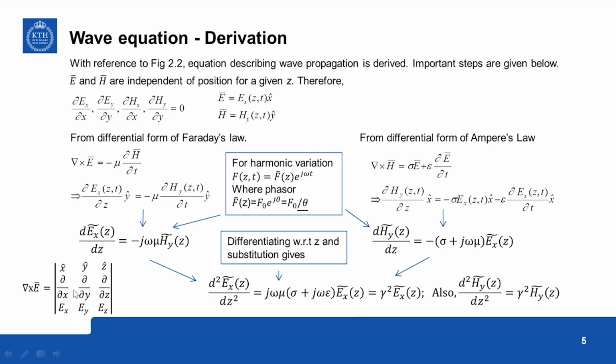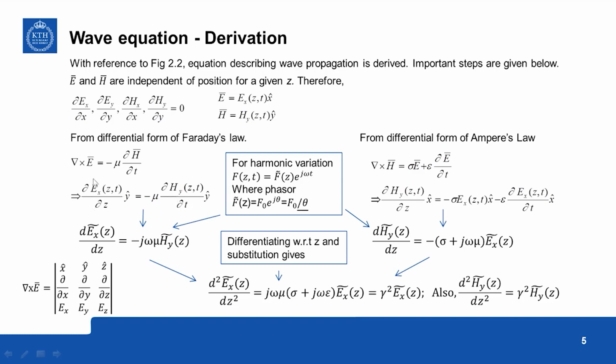Since by our choice of coordinate system and without any loss of generality, E is aligned with the x direction, Ey and Ez are 0. Similarly, the rate of change of E vector with respect to x and with respect to y are also 0. So this curl can be simplified by this equation.